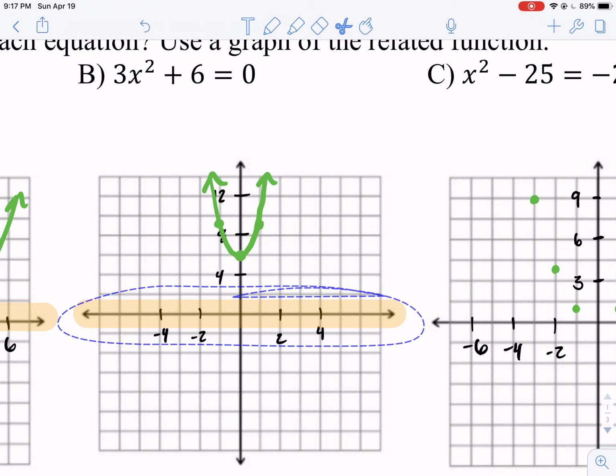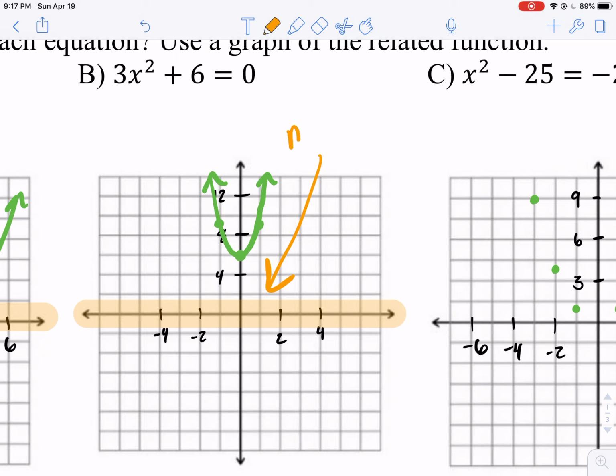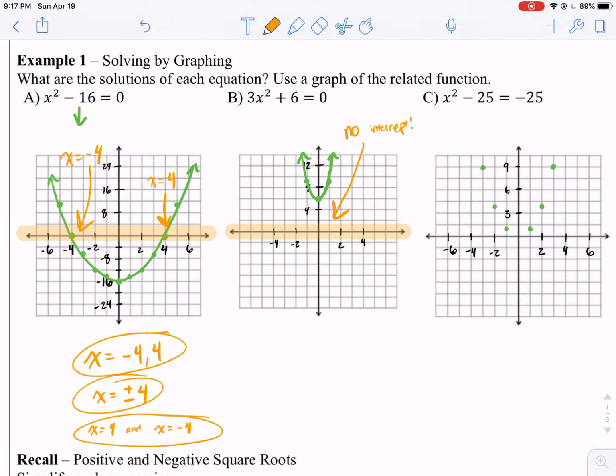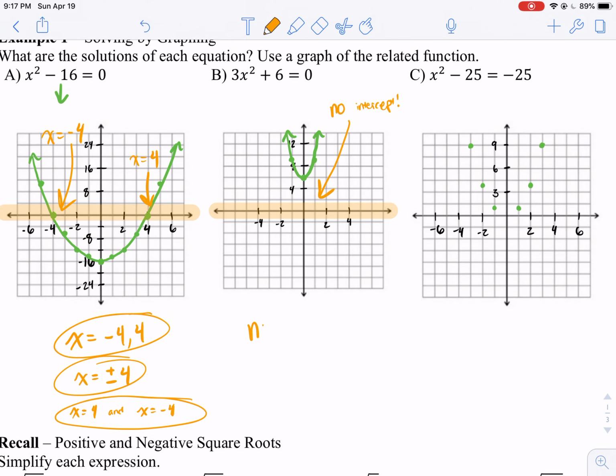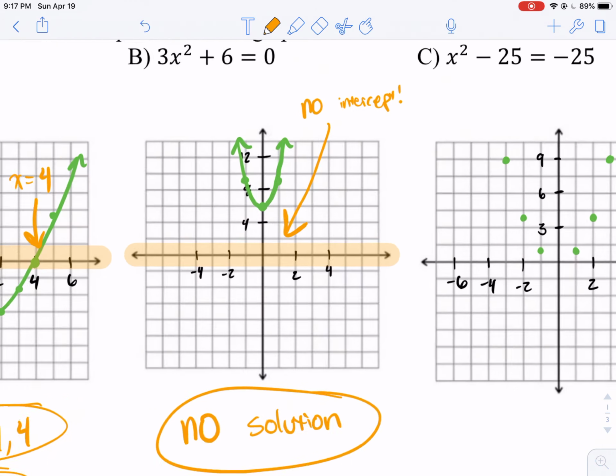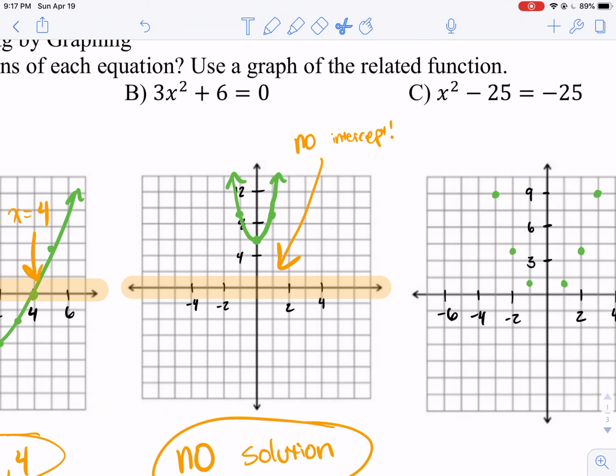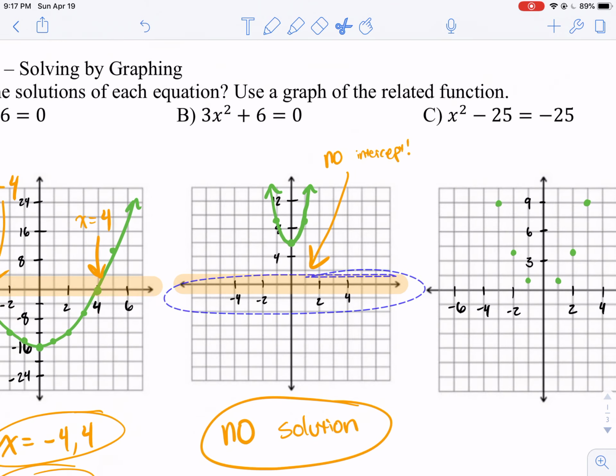This graph has no x-intercept. Oh no! That means because it has no intercept, it has no solution. That's the answer to that one. Because this graph does not intercept the x-axis, it has no solution.